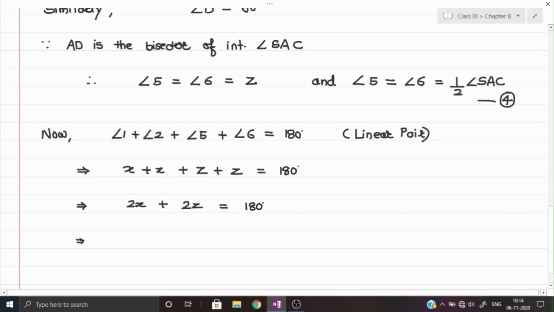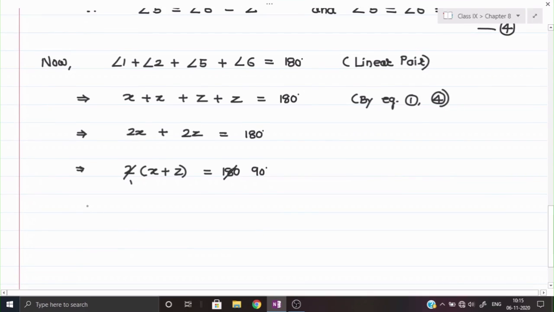Here I forgot, we can write down by equation first and fourth. That reason we forgot to give, equation first and fourth. Now 2 we can take common here, remaining will be x plus z is equal to 180 degree, and from 2 180 we can cancel, that will be 90 degree. So we got here x plus z is equal to 90 degree.